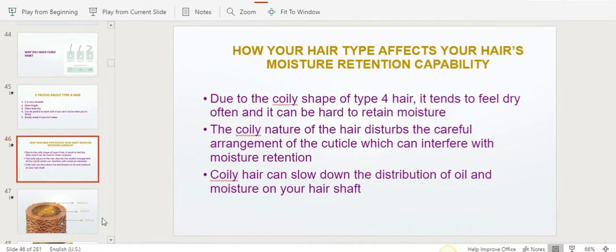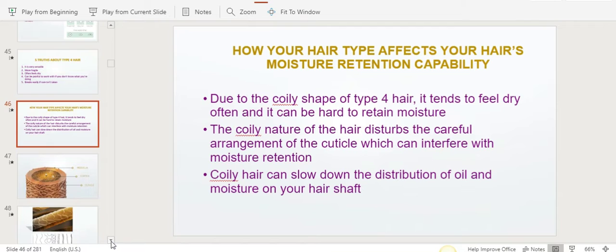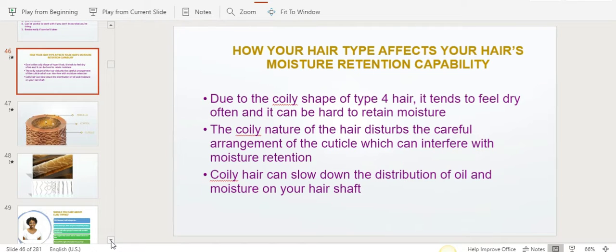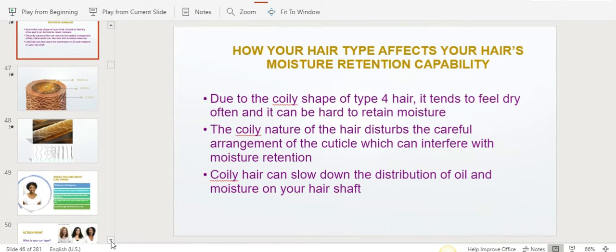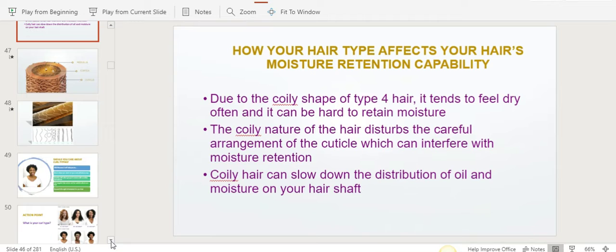So now let me go over how your curl type affects your hair's moisture retention capability. Due to the coily nature of your type 4 hair, it feels very dry, and as a result of that, it can be hard to retain moisture.